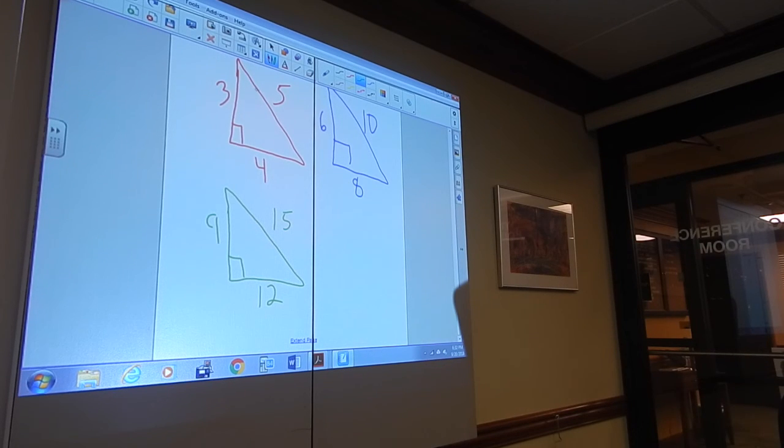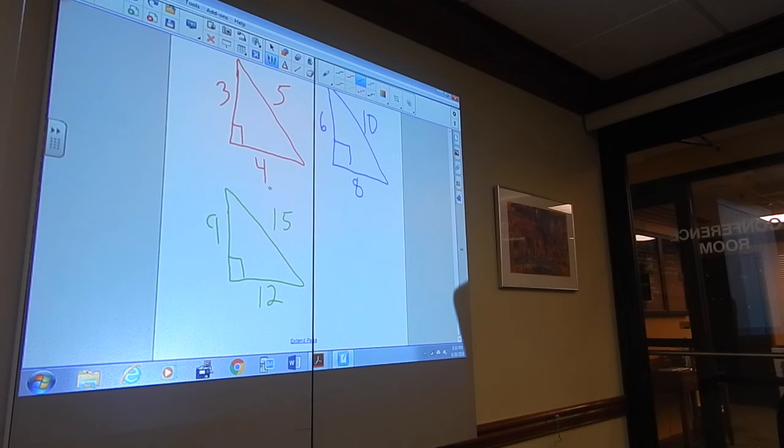3, 4, 5 is one of the most common triangles you see. And anytime you see a right triangle with a 3 and a 4, the other side is always 5. But I was telling you, you might not only see it in this form, you may see it in this form, which is basically this triangle doubled. And that one's triple, right? 15.